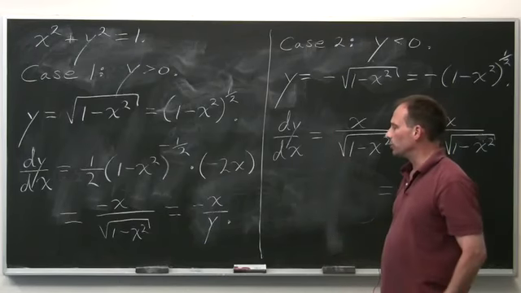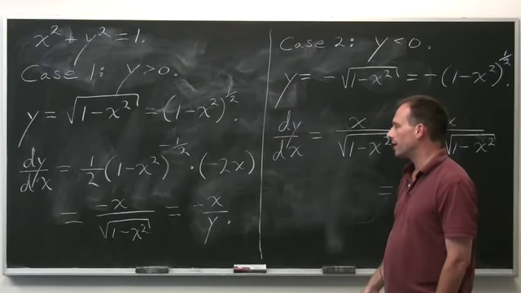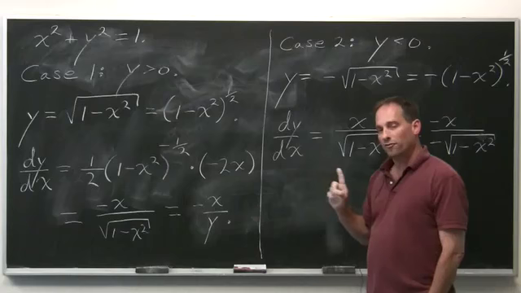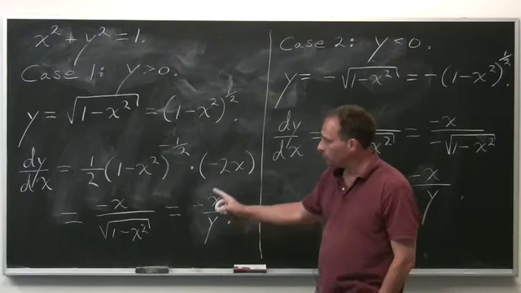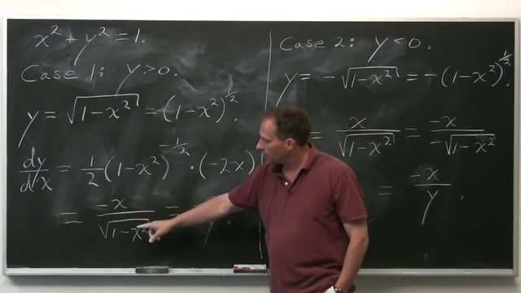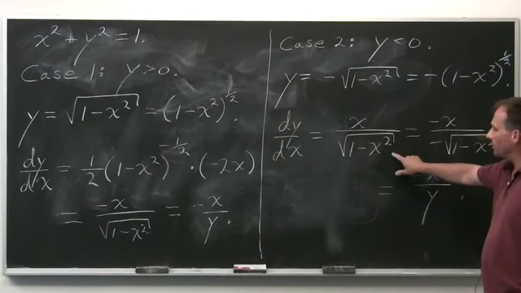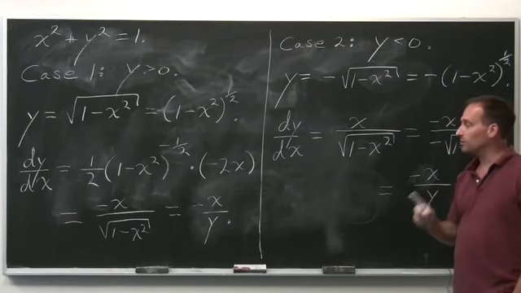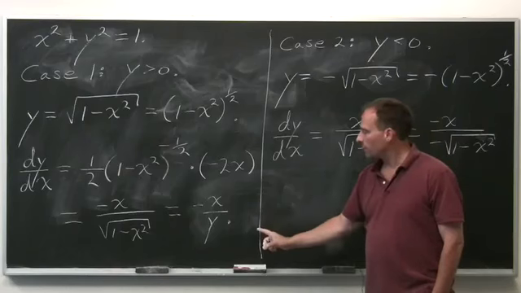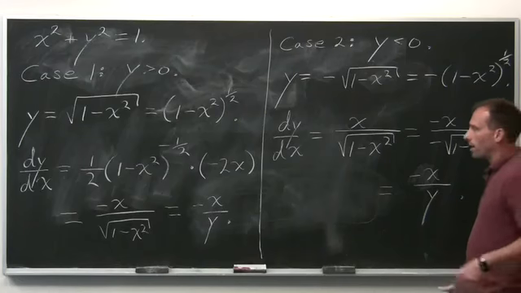And in either one of those two cases, when you differentiate with respect to x, you can write one formula that gives you the derivative in either case. Yes, you can write it in terms of just x and get here minus x over the square root of 1 minus x squared, and here positive x over the square root of 1 minus x squared. But if you write the answer in terms of x and y, you get the same formula in both cases. You get minus x over y and minus x over y.